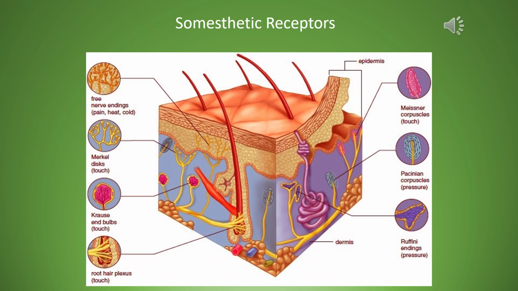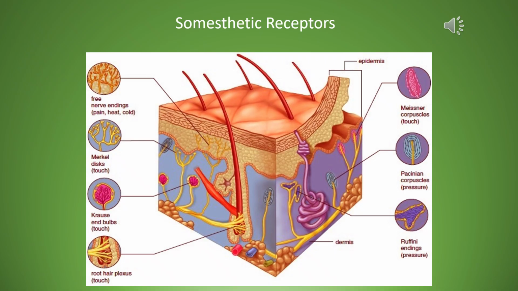Now, two receptors that are not shown here because they're not associated with the skin, they're associated with muscles and tendons, and they are sensitive to stretch. So we call those Golgi tendon organs and muscle spindles. So those are somesthetic receptors that are located in tendons and muscles that perceive stretch.